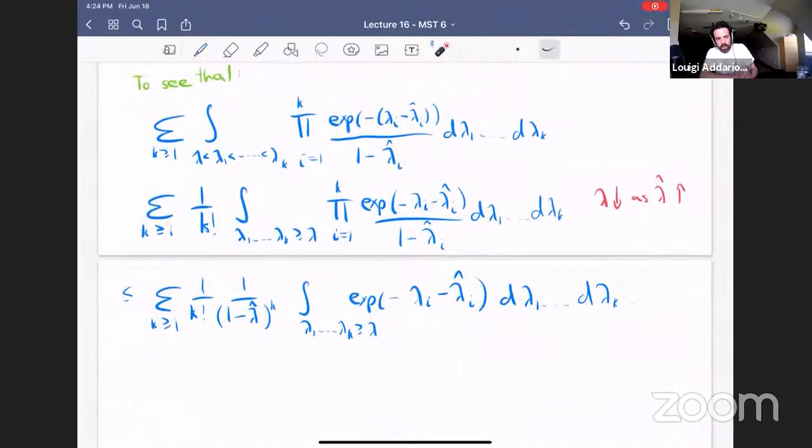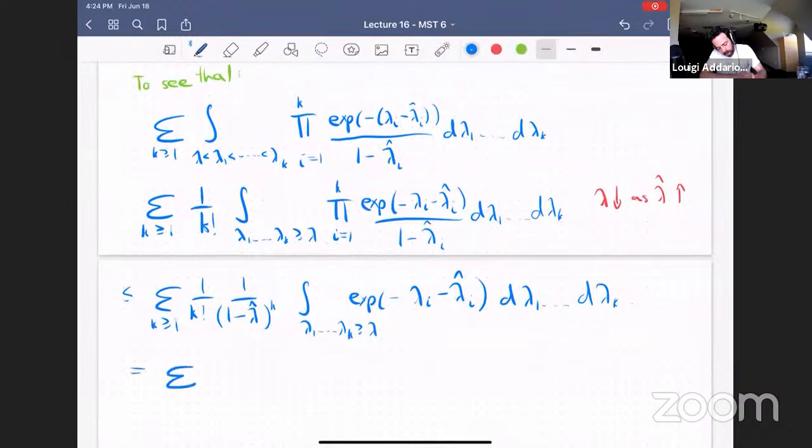Now again using that lambda hat decreases as lambda increases, I can bound this integral from above by pretending that the lambda_i hats are always just lambda hat. If I do that, then this just turns into an exponential integral from lambda to infinity, k times.